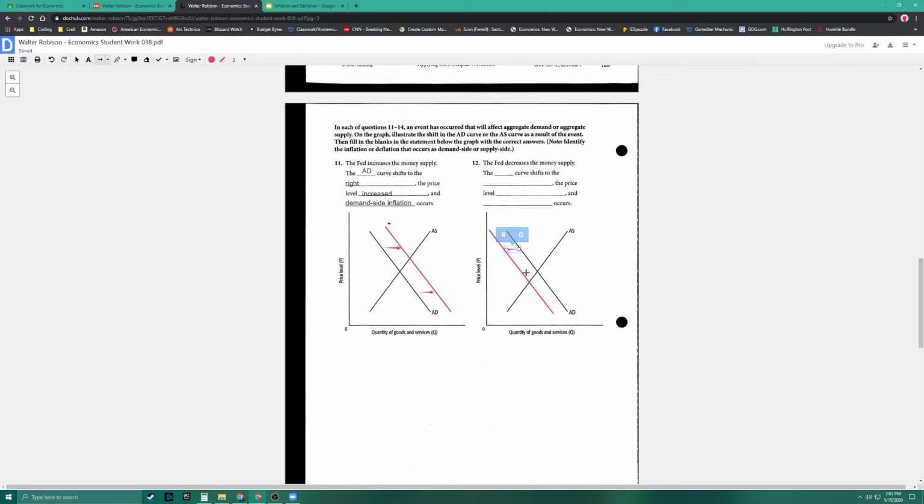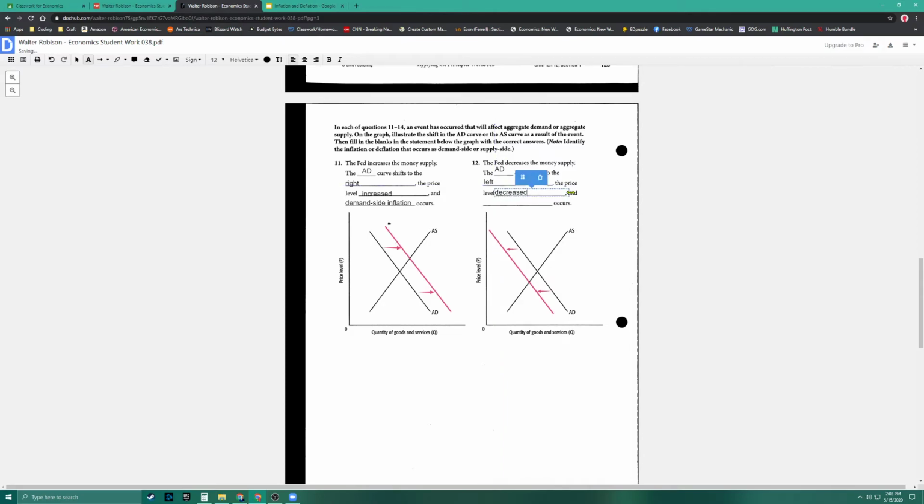Okay, so it shifts to the left. So it's still what it was before, meaning aggregate demand. So this is AD. This is left. What's happened to my price? It's decreased.